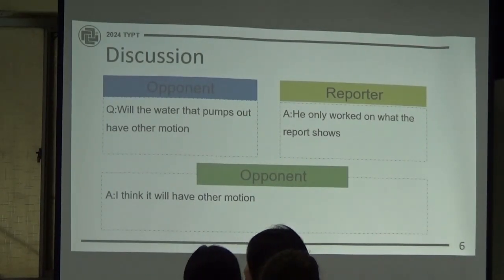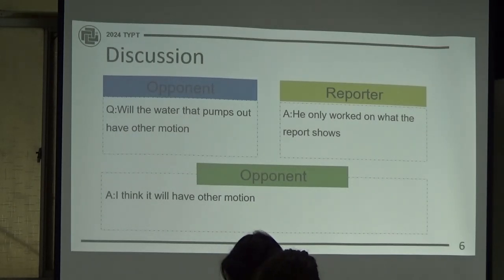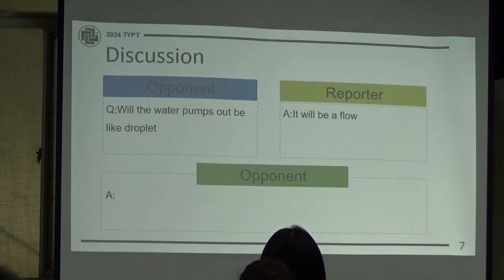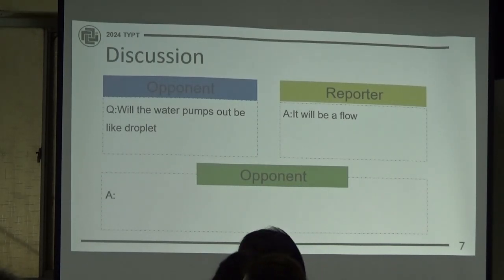In the discussion, the opponent asked whether the water that comes out had downward motion. The reporter only said that he worked on his report and didn't investigate that, and I think it will have downward motion, just like the rotation. The opponent asked, will the water coming out be like droplets? The reporter answered that it will be a flow.